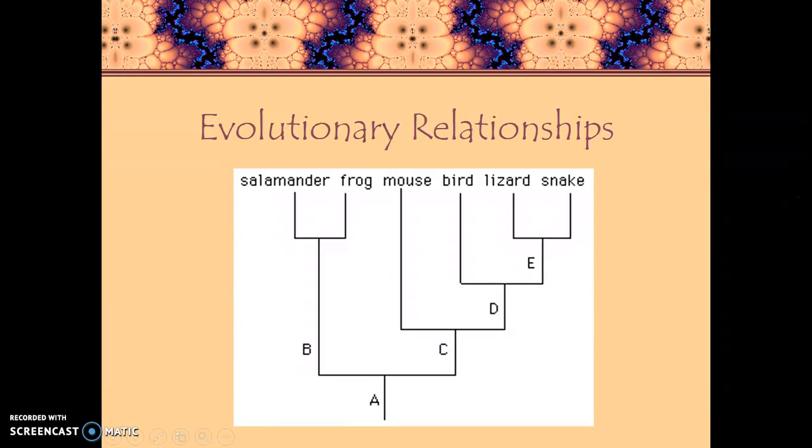I could also ask you about common ancestors. For example, what letter, A, B, C, D, or E, represents the most recent common ancestor between the mouse and the snake? Hopefully you said C. Because what you do is you just go back until you get to the point where both the mouse and the snake connect, and that is C. What letter represents the common ancestor of all of these species?